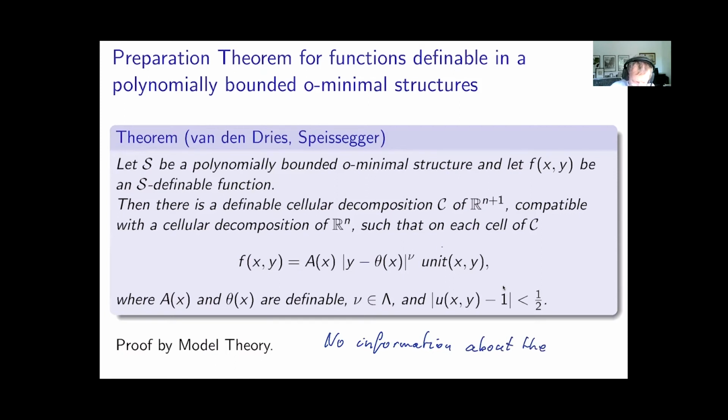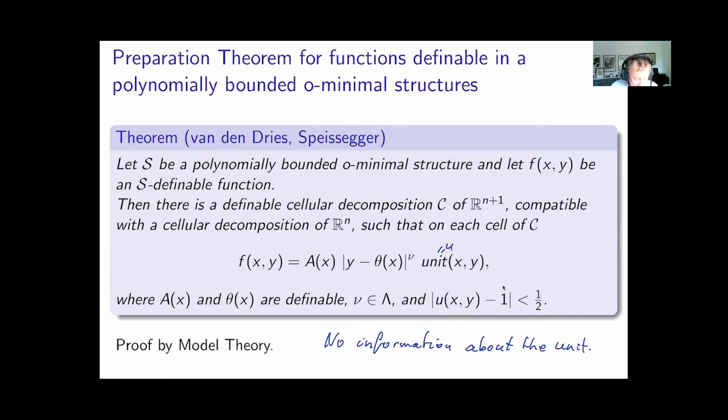So the unit is called U here. I mean, no information besides this one, that it's a unit. And for instance, this does not allow to control the derivative of f with respect to y.